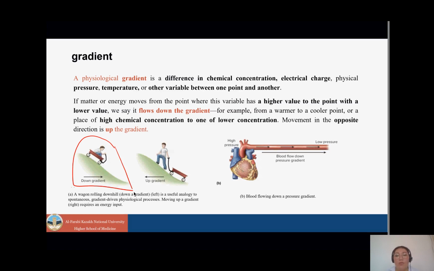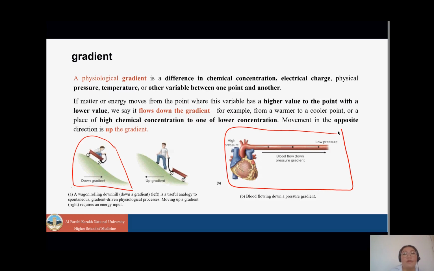And actually, in our body, we have a lot of matter that flows down the gradient. For example, look at the blood. It flows from the area of high concentration to the area of low concentration.